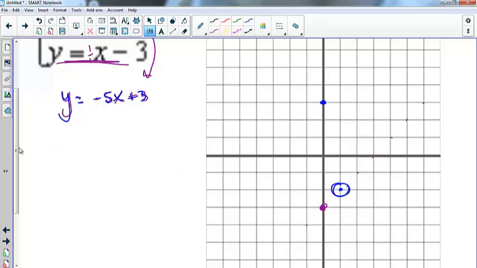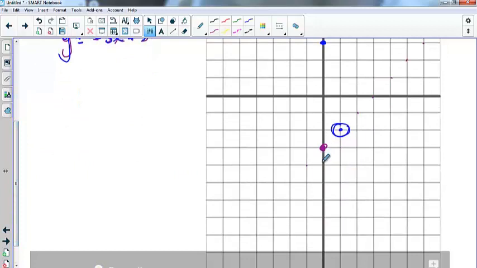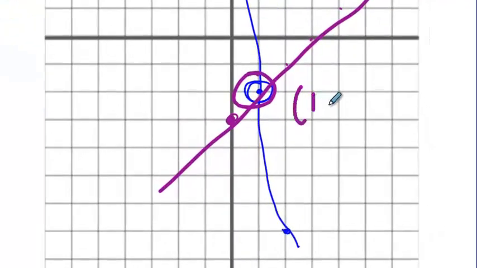Not down far enough. 1, 2, 3, 4, 5, right 1. So I would have a line that's like this. That's a little better. And this is my solution. What is this solution? 1, negative 2. Very good. Right 1, down 2.